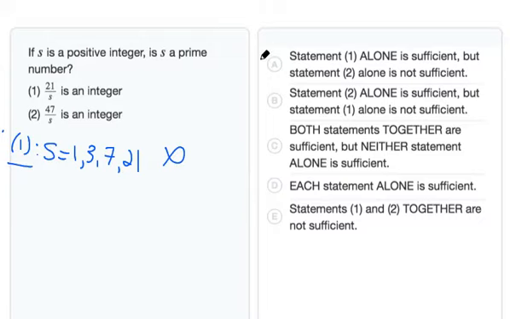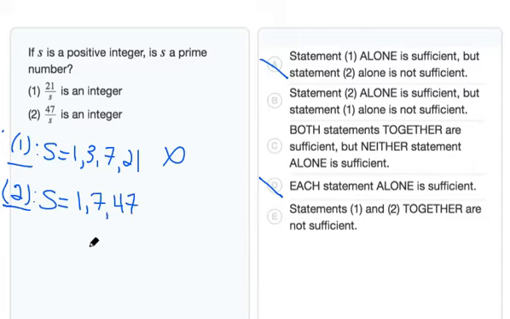This means that we can eliminate answer choices A and D, because both of those answer choices require that statement 1 be sufficient alone. Moving on to statement 2, we can reason this statement out with the same logic as we did with statement 1. Since 47 over S is an integer, the possible values for S are going to be 1 or 47, all of the factors of 47.